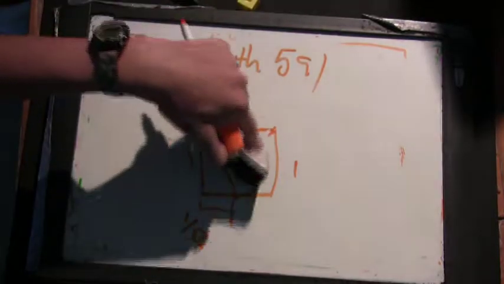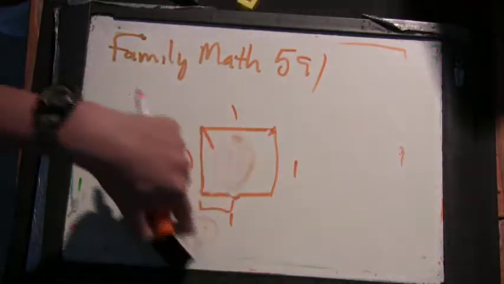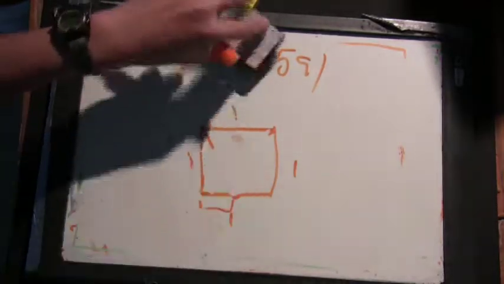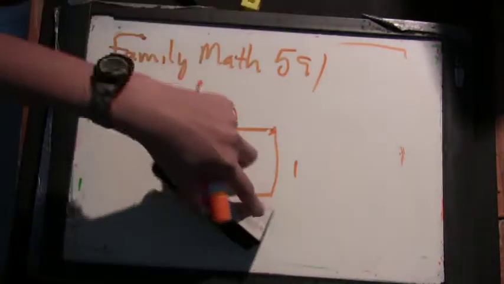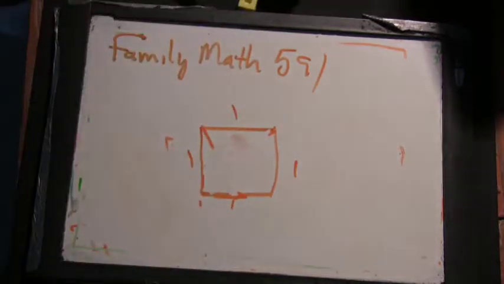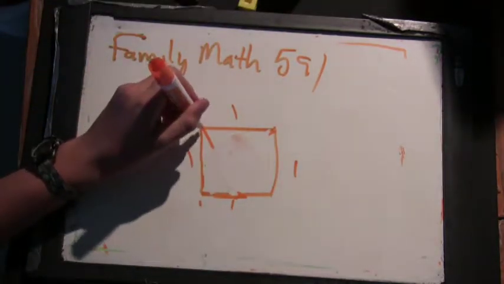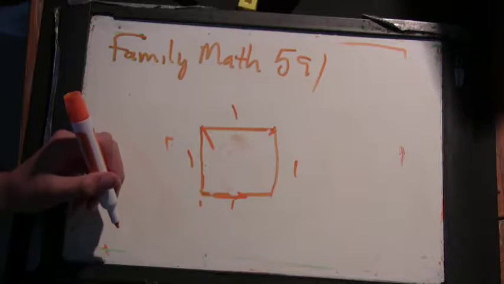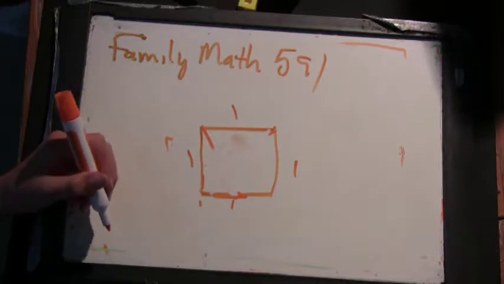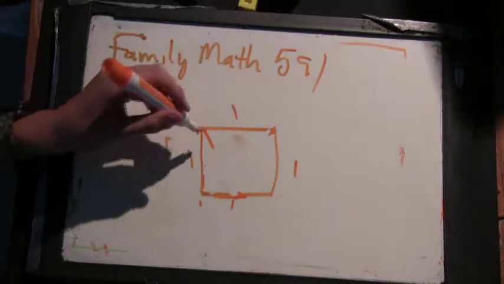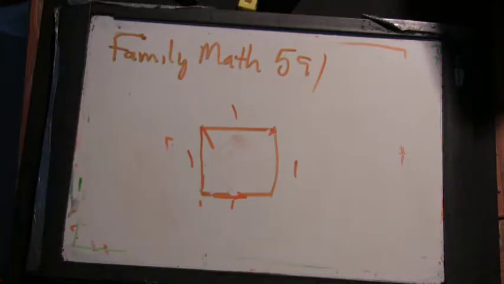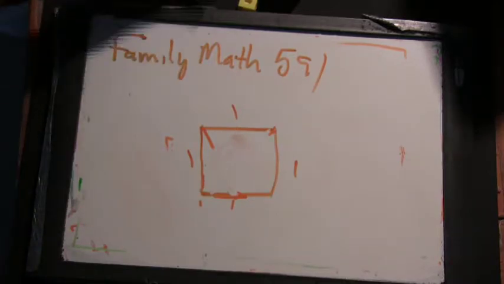No, it's not going to help. So I need to cut this square. Well, having a side length of root 3 is impossible right now. Why? Because the square is not big enough.